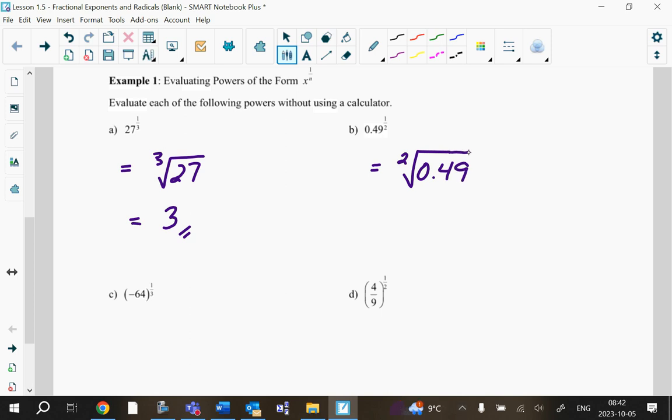That means square root, right? And you guys know how to do square roots. Well, this is a decimal. What do you think it is? What's that? 0.7? Yes, because 0.7 times 0.7 is 49 with 2 decimal places, which is 0.49.